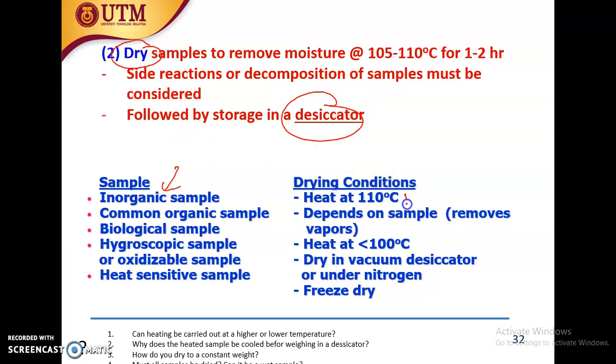So heating at 110 degrees C to remove H2O is okay. But what if you have biological sample? You can only dry in a vacuum desiccator under nitrogen, because it will retain the organic biological aspect of it.